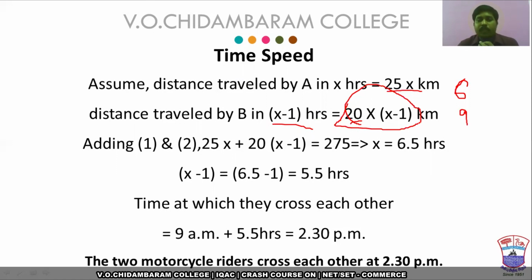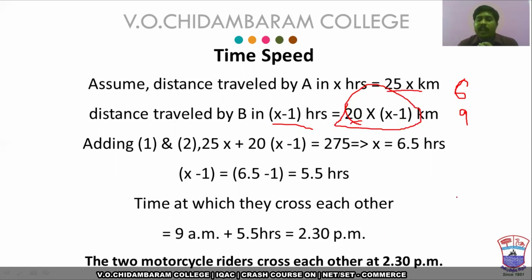So 25x plus 20 into x minus 1 is equal to 275. Solving this equation, we get x is equal to 6.5. So the time traveled by B is 6.5 minus 1, that is 5.5 hours.